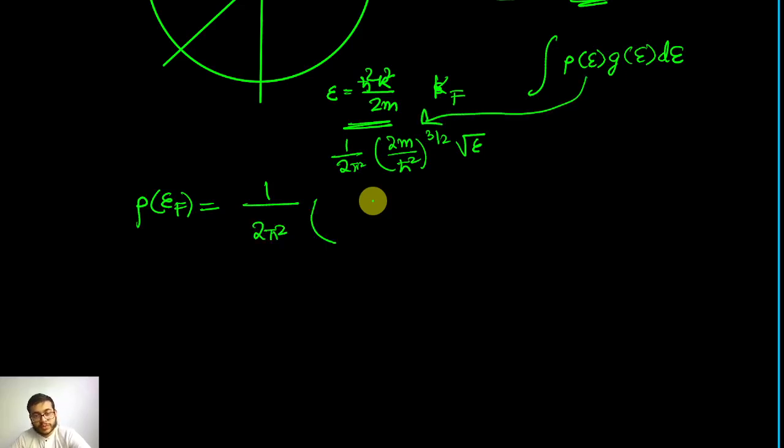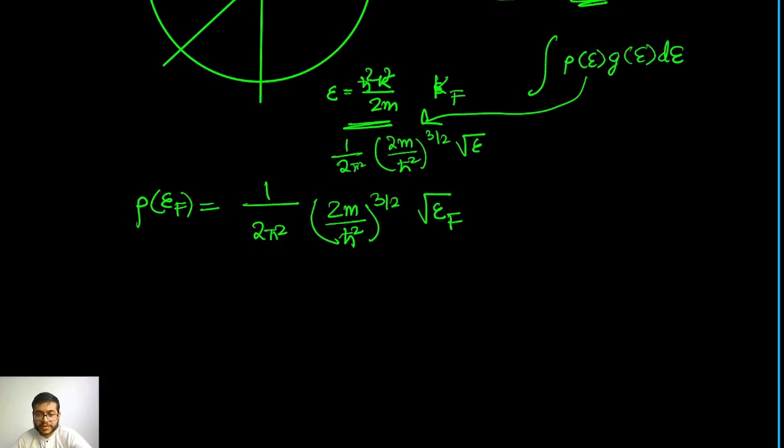So rho of EF will be given as (2m by h bar square) into root EF, where we have already derived the formula for EF. So that would, I think, be 3n by 2EF.